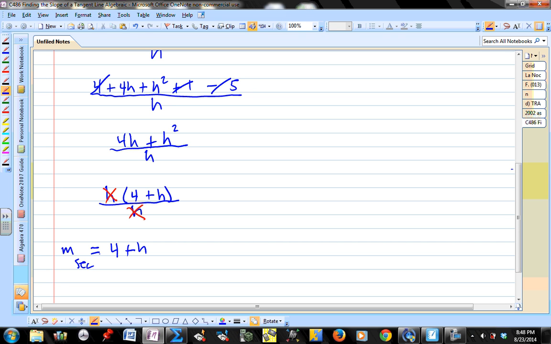And remember from our discussion in class that the equation of a tangent line is going to be approximated by picking points that get closer and closer together. In other words, picking values where h gets closer and closer to 0. So as h approaches 0, we can conclude that the slope of the tangent line is going to be 4. 4 plus 0 is 4.